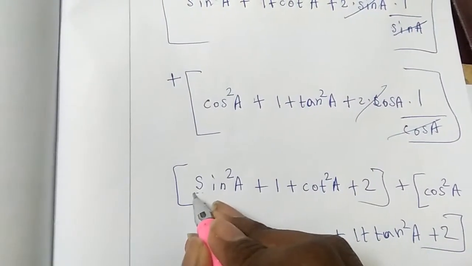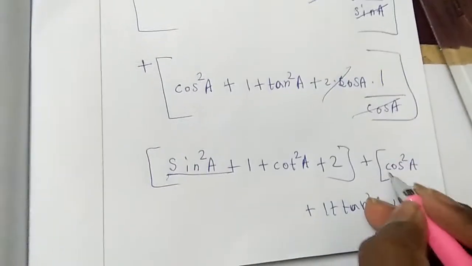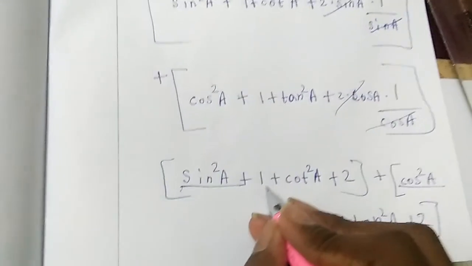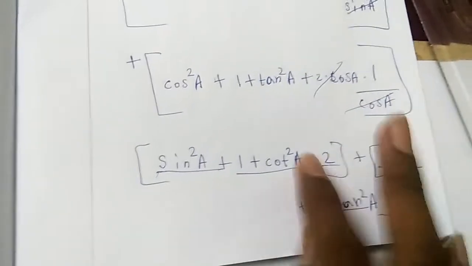Now bring this one and this one together aside, and this one aside, and these two aside.